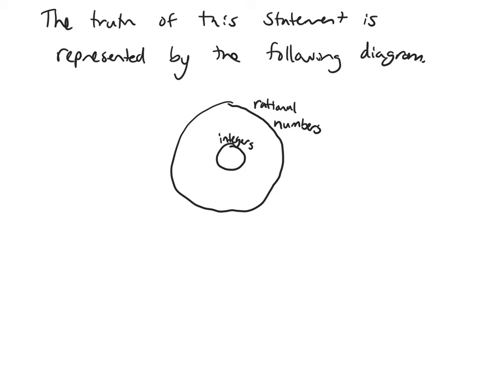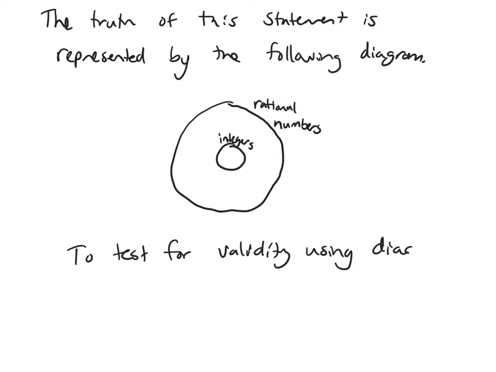So we can use these diagrams to test for the validity of an argument. So to test for validity using diagrams, what you do is you represent the premises in your argument with diagrams.